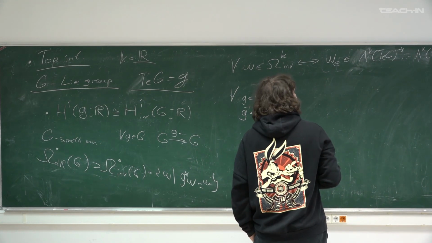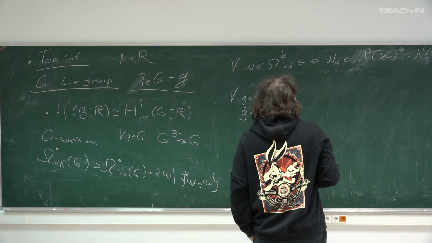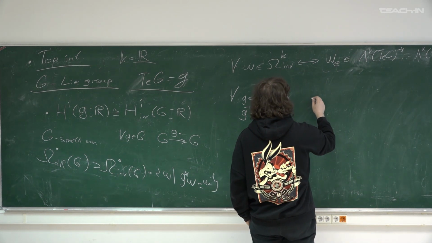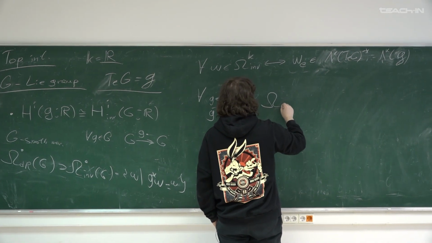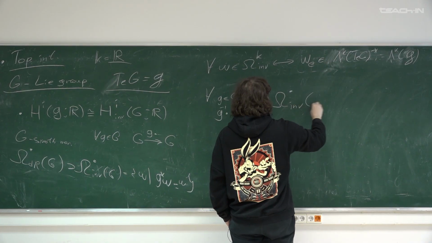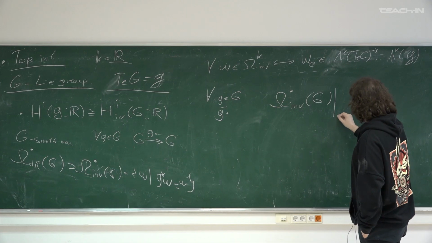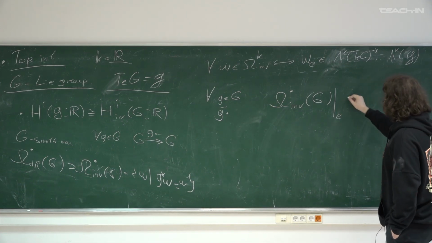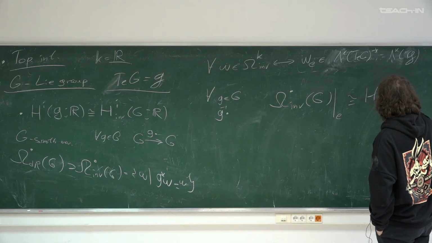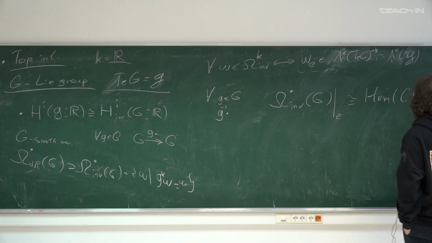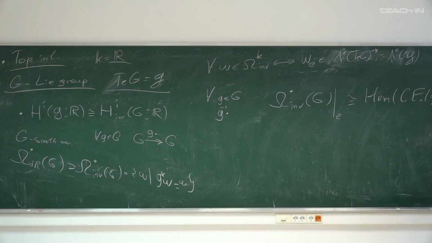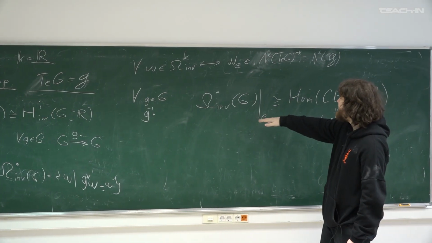And from this identification, one can check that the de Rham invariant form cochain complex, evaluated at the unit, is just isomorphic to Hom from the Chevalley-Eilenberg complex to R. It's just Lambda g to R. You only need to check that the usual de Rham differential coincides with this differential.